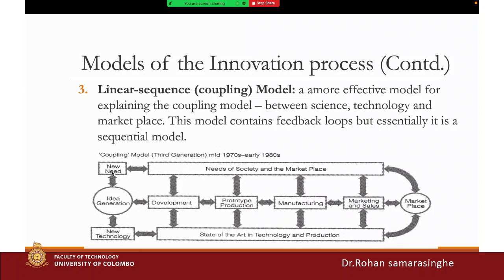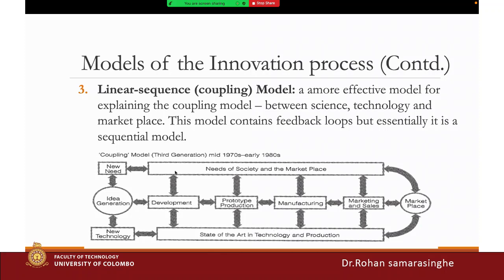So new needs are there and the new technology. To satisfy that, the idea is generated. New needs means the needs of society and the marketplace. New technology means state of the art of the technology and the production.